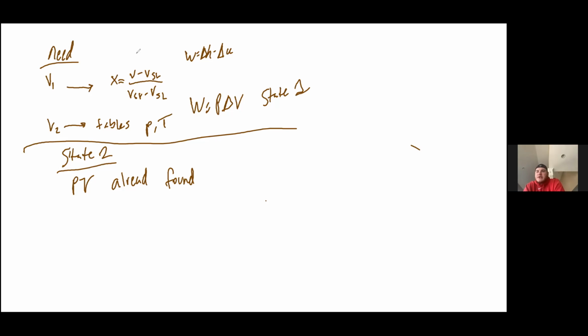So then what did you say work was equal to for an isobar? For an isobar, what Michael wrote there is true. It's P delta V. That's one way to do it. The other way is you can use the first law to say that the work is heat minus internal energy, Q minus delta U. And then for an isobar, Q is equal to delta H. So up there at the top of the whiteboard, Michael wrote work equals delta H minus delta U. Can you see that?